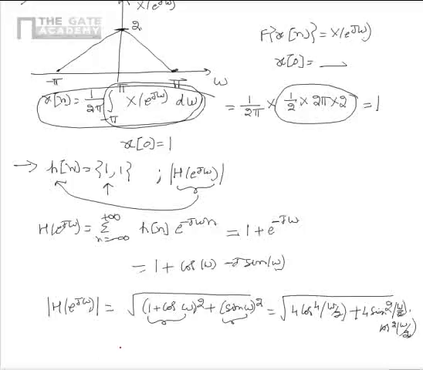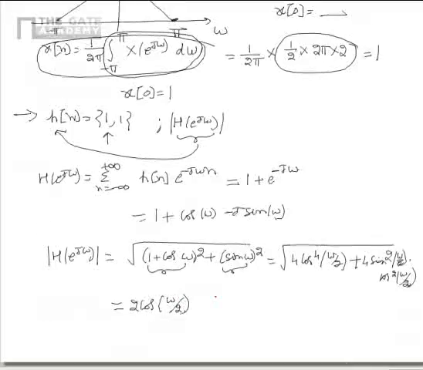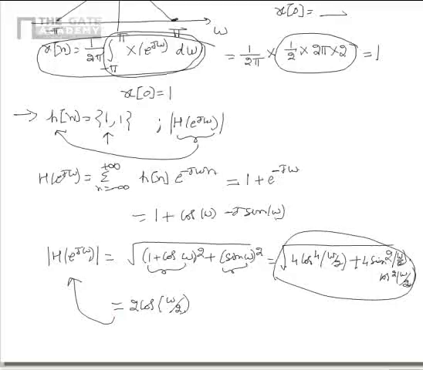Upon taking 4 cos square omega by 2 common out of the square root, we get 2 cos omega by 2 as the magnitude of h of e power j omega. This is upon simplifying the obtained square root using the properties of trigonometry. So the magnitude of the Fourier transform, that is absolute value of h of e power j omega, is given as 2 cos omega by 2.